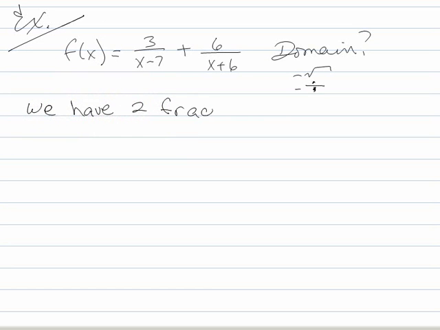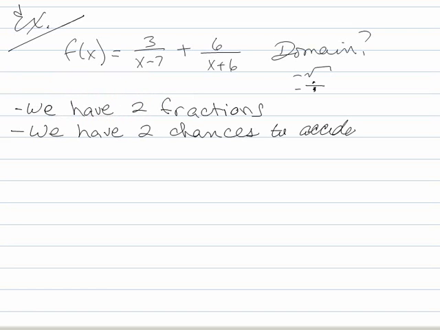Since we have 2 fractions, we have 2 chances to accidentally divide by 0. I say accidentally, but if we did it, we'd probably do it on purpose. We don't want to. So we want to exclude both of them.